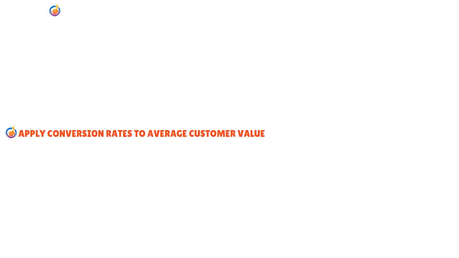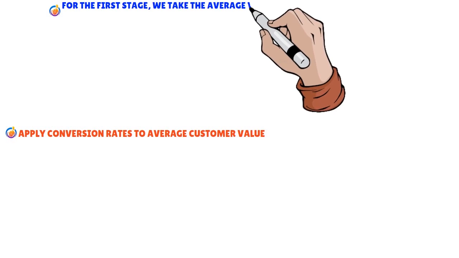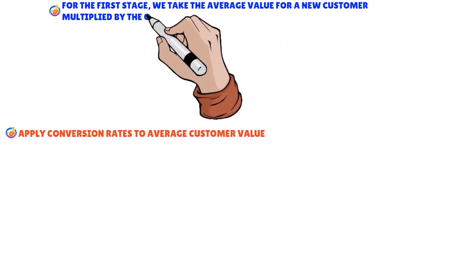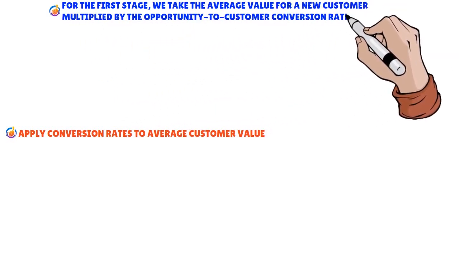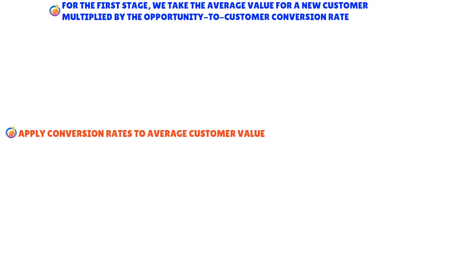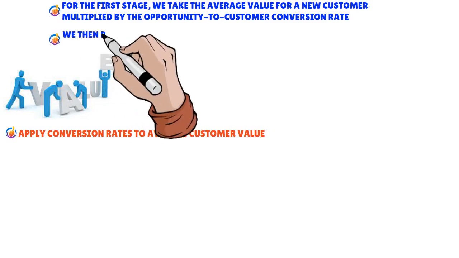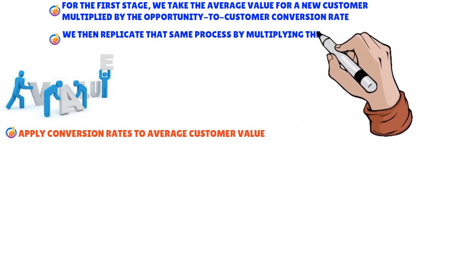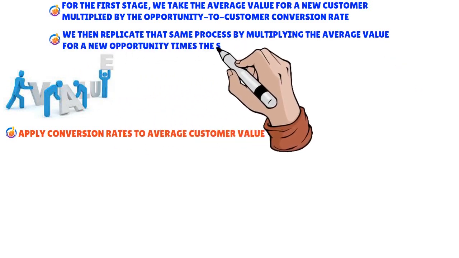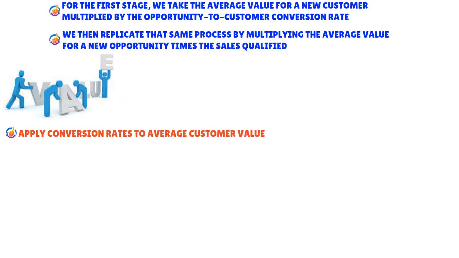So for the first stage, for instance, we take the average value for a new customer multiplied by the opportunity to customer conversion rate to come up with the average value of an opportunity. This is actually more straightforward in the first stage, and we then replicate that same process by multiplying the average value for a new opportunity times the sales qualified to opportunities conversion rate to come up with the SQL average value.